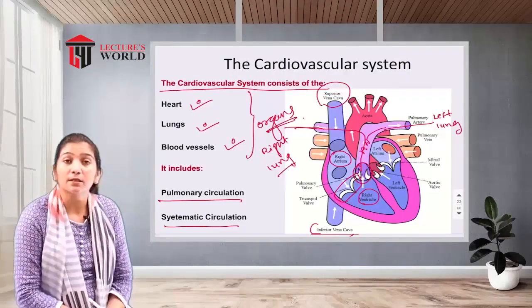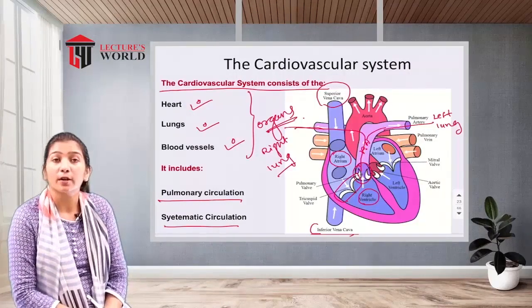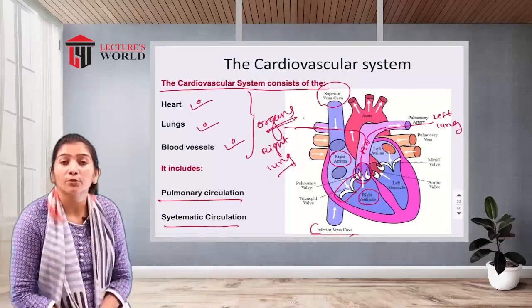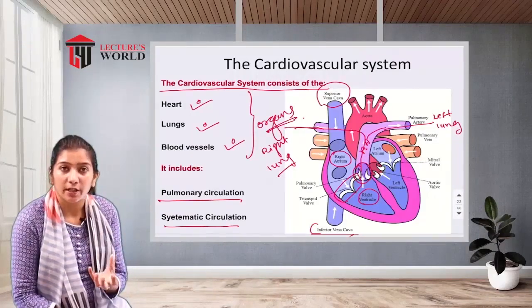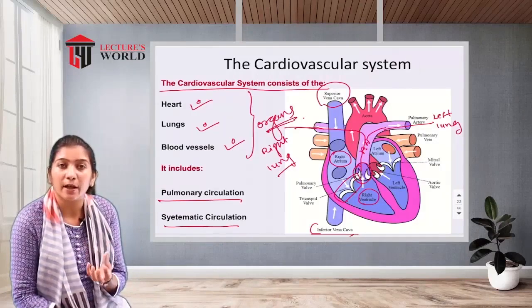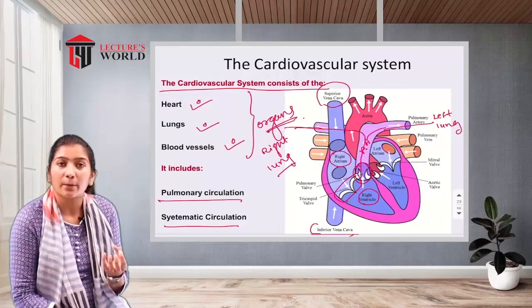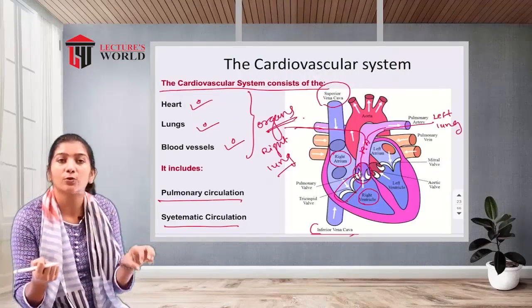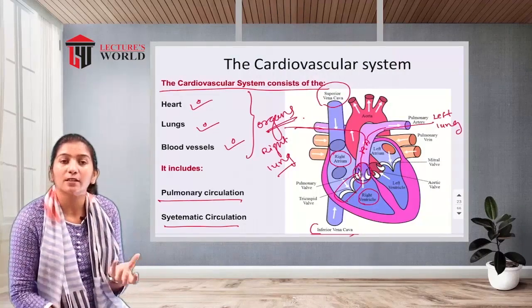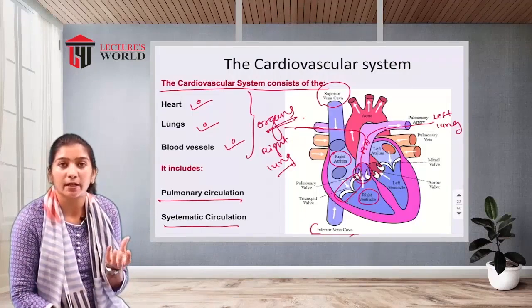Now what happens in the lungs? The function of the lung is transfer of O2 and CO2. The blood is deoxygenated, it has carbon dioxide. In the lungs, carbon dioxide is taken by the lungs and oxygen goes into the blood. So that makes the oxygenated blood in the lungs.